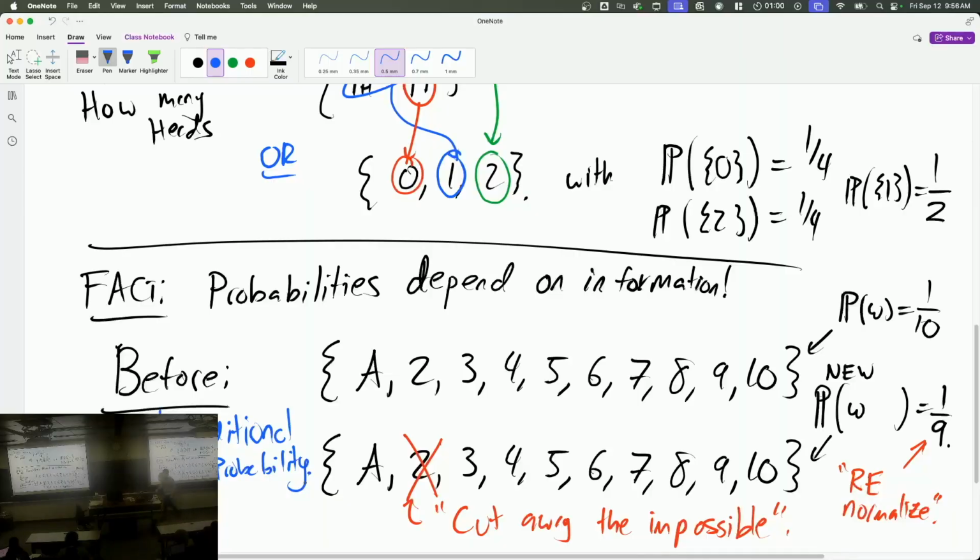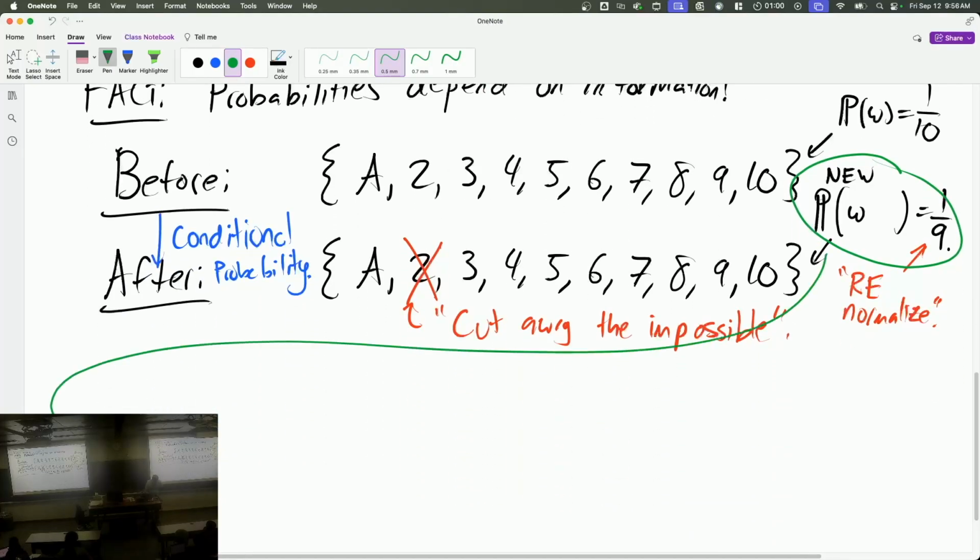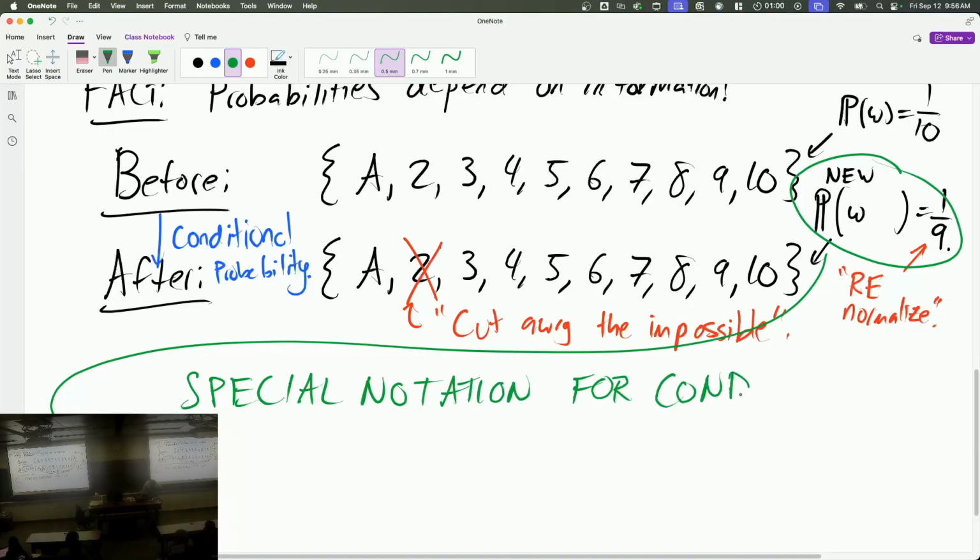So there is a special notation that we use for this kind of thing. And that's what we're going to learn next. So the special notation for conditional probability.